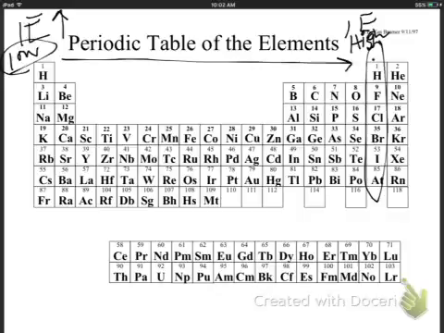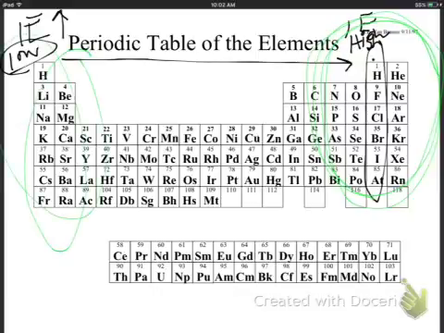Yeah. Because the atoms on this end of the chart are holding their outer electrons much more tightly. And because of that, they're much harder to pull off. The valence electrons in these early groups, in group 1 and 2, are not held as tightly. And so they are easier to remove.